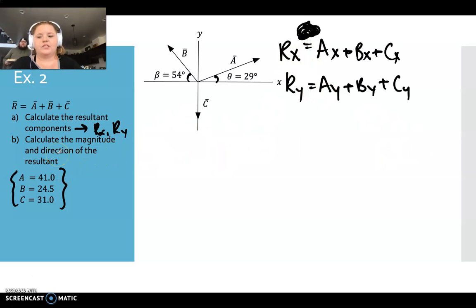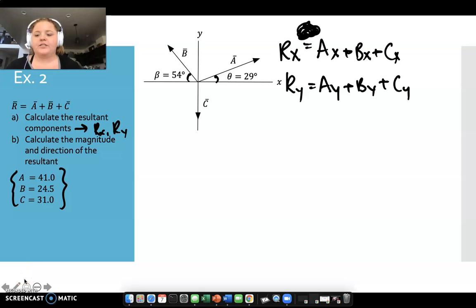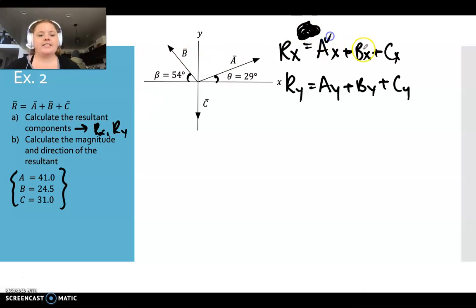We can't use these straight from these values. Okay, so what we need to do is first get our components. We need to find what AX is, BX, and CX, and same thing with AY, BY, and CY. So we need to get these components first, and then we can add these together.